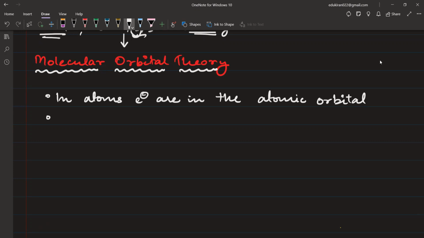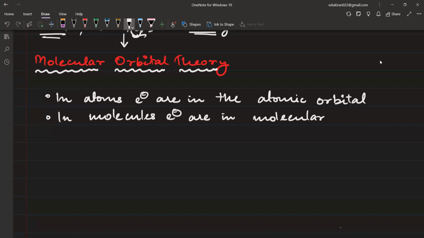Next. So plain and simple, chemists said that in molecules, electrons are in molecular orbital. They are where? They are in molecular orbital.